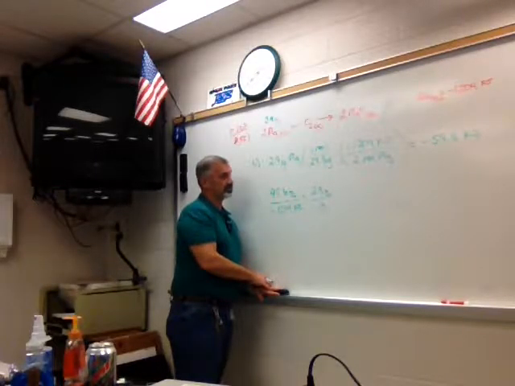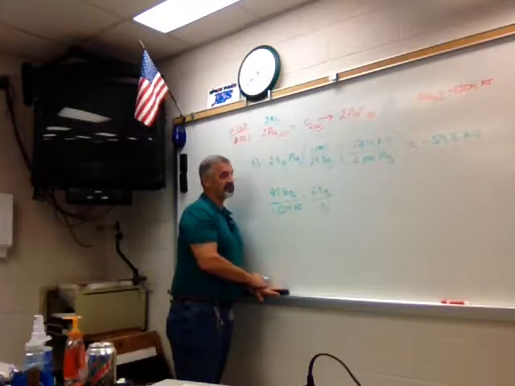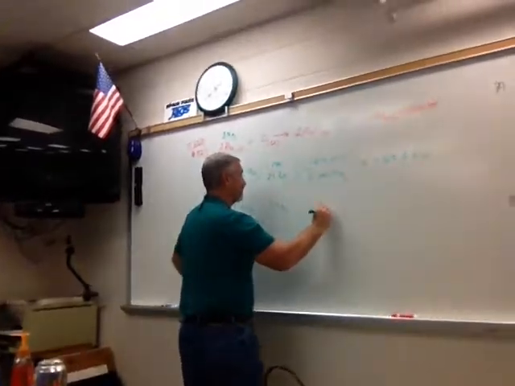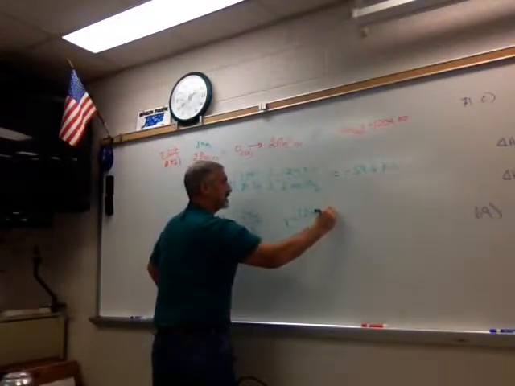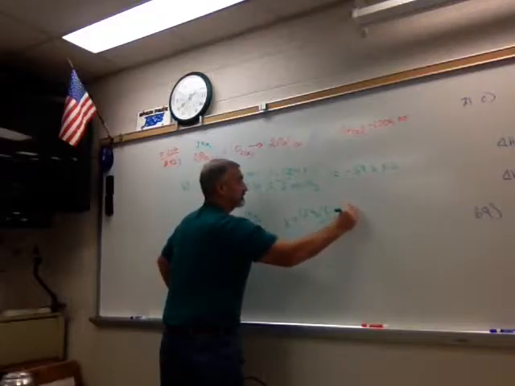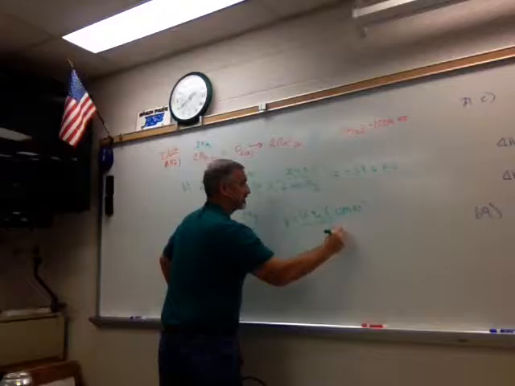I would say it's going to come out to negative 59.5. So how do we solve for x? Cross multiply, so x is going to equal 2.4 grams times negative 1204 kilojoules divided by 48.6 grams.